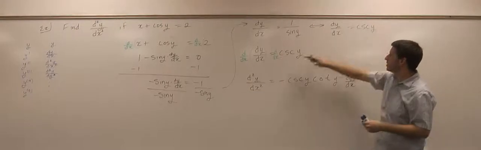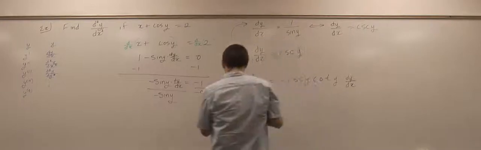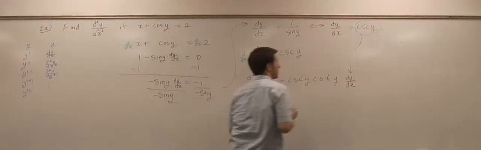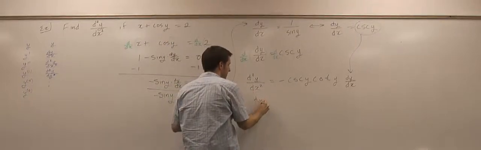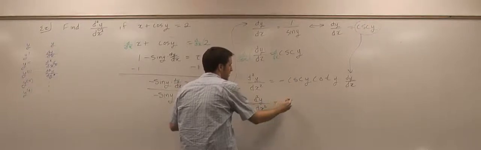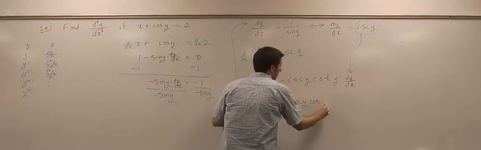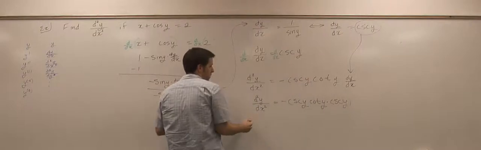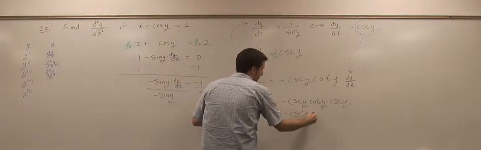So I can go in here and plug in cosecant y. So the formula for the second derivative in terms of just y will be negative cosecant y cotangent y times cosecant y again, or negative cosecant squared y.